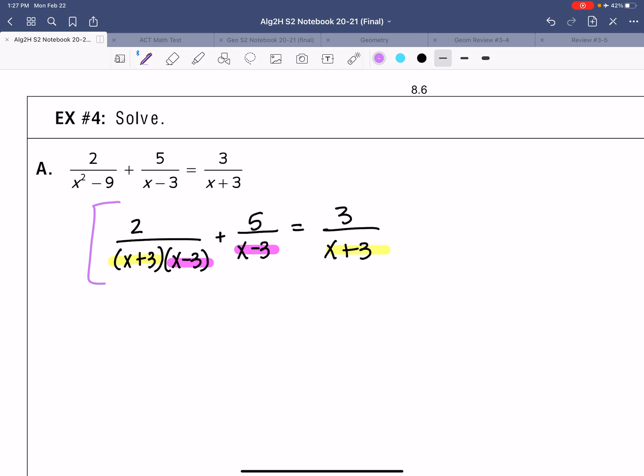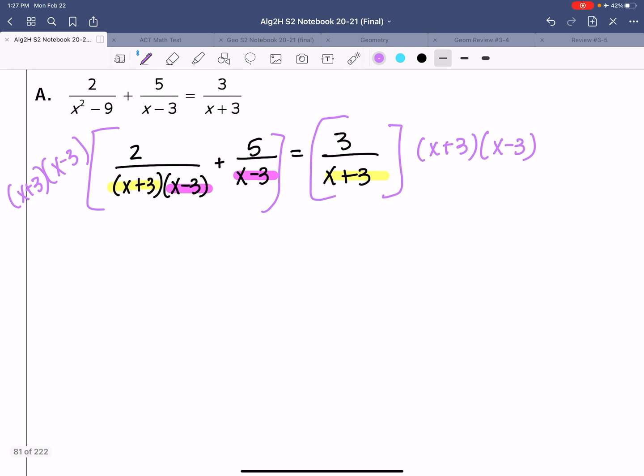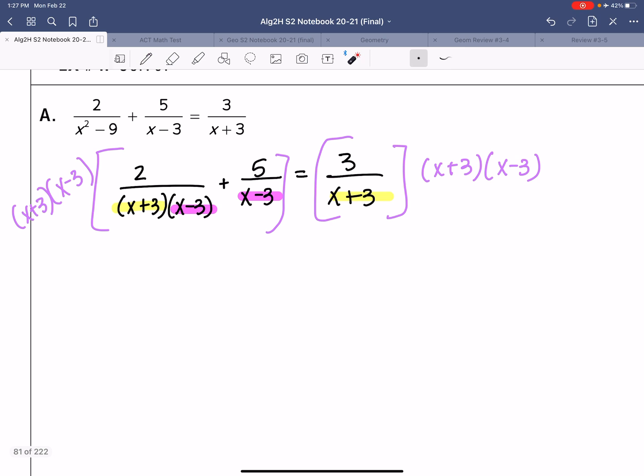So we're going to multiply both sides by x plus 3 times x minus 3. All right, so again, on the first one, cancel, cancel, cancel, cancel. So it's going to completely cancel this, and we're just going to have 2.